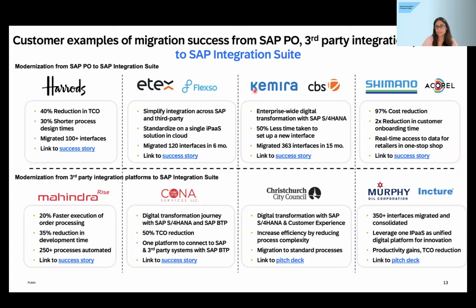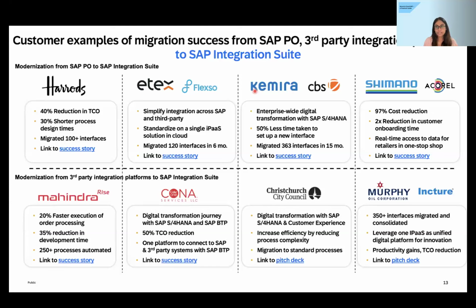Double-clicking on Camara's integration journey. Camara, together with CBS, used the FIGAF tool for their tests. They were into digital transformation with S/4HANA. And during this transformation, they also realized that their middleware has to be Integration Suite. They had around 363 plus interfaces, and they migrated to Integration Suite in 15 months.